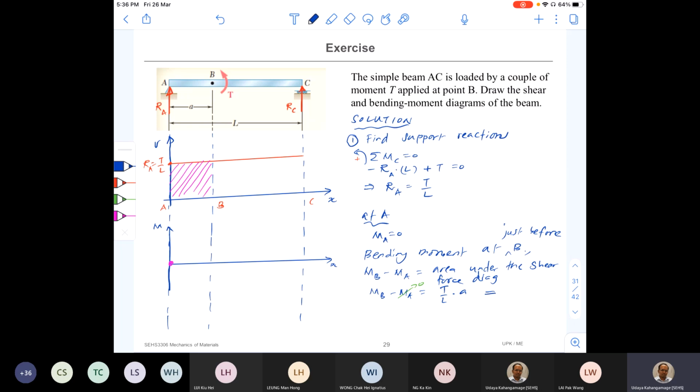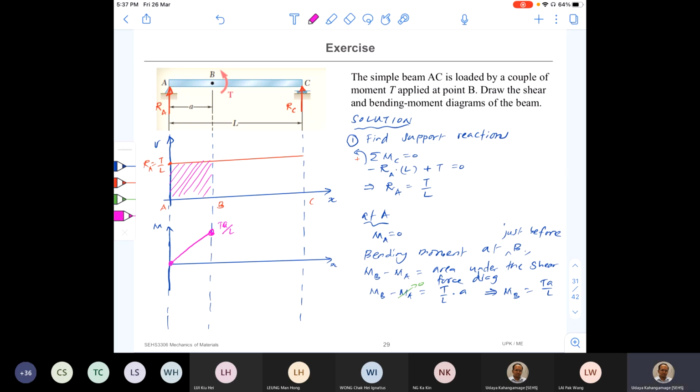Therefore, MB is equal to TA over L. So we found the value of the bending moment at this point. It is TA over L. And in between, the bending moment variation is linear because the shear force is constant. No shear force variation.